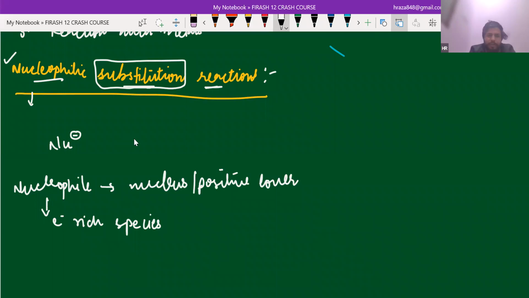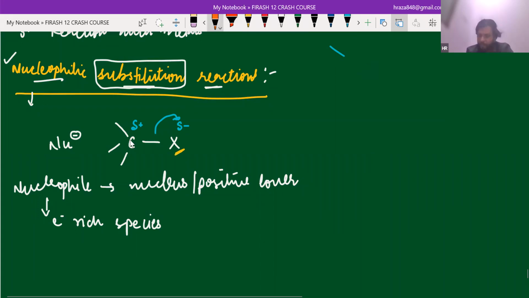So we can see here there is a nucleophile, and this X is more electronegative, so there will be a delta negative and delta positive, and it will take electrons from carbon. When this X takes electrons from carbon, what will happen? It's very important to know.